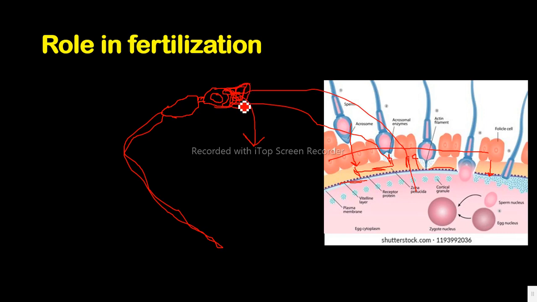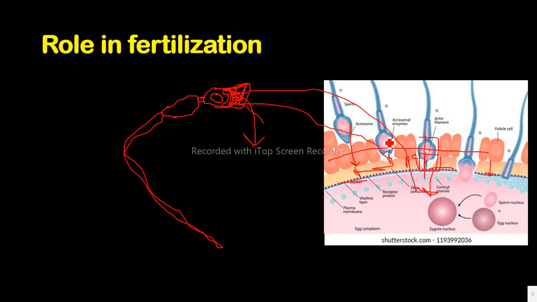The release of calcium ions into the sperm cell will induce the acrosomal reaction, which will release these lytic enzymes into the zona pellucida, where they will digest it to create that space for the head to be released into the cytoplasm.